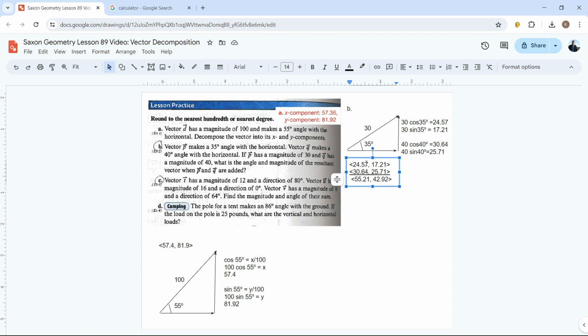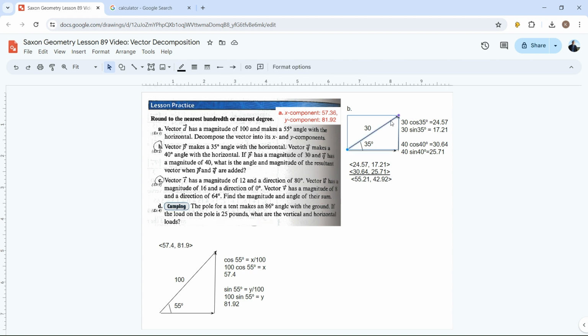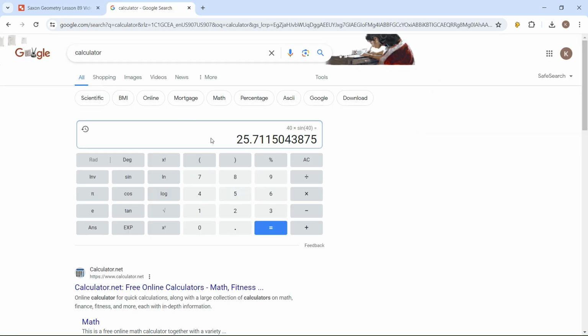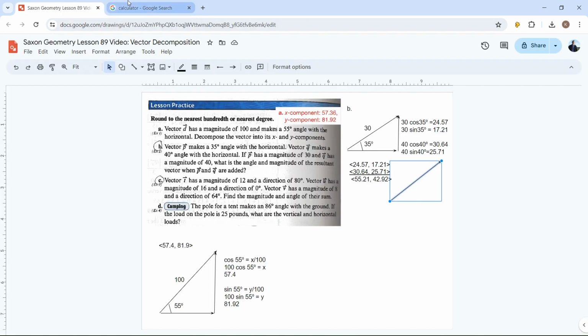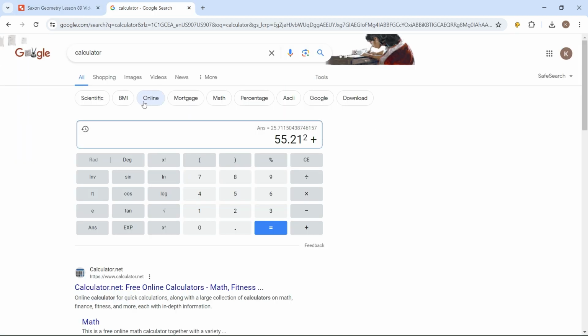Now, the magnitude of this. Well, if I think about it, this is just a right triangle with an x component, 55.21, and a y component, 42.92. To find the actual magnitude of the vector, which is going to be a diagonal like this, I have to take the x component squared plus the y component squared and take the square root. So it's going to be 55.21 squared plus 42.92 squared.